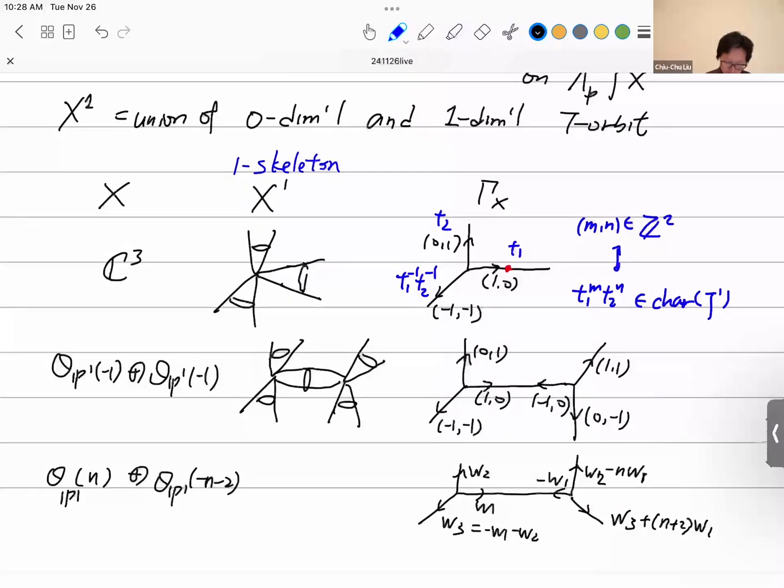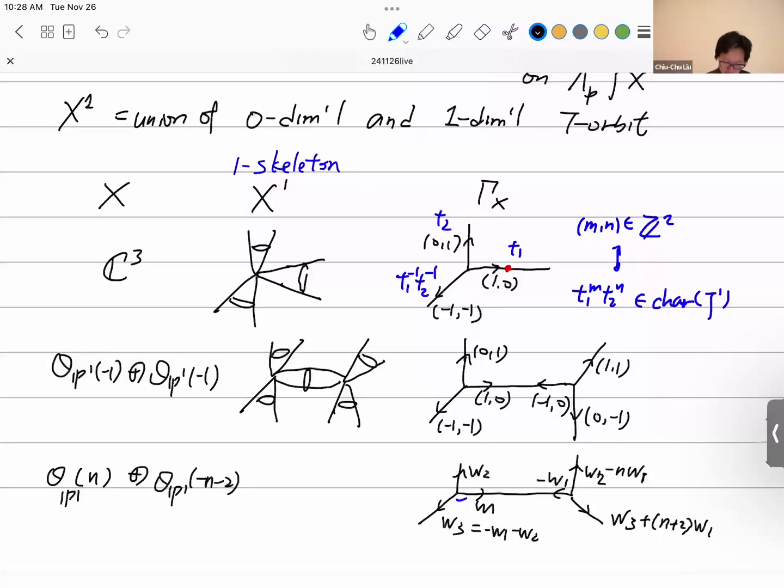In general, for this P1, there are two fixed points in this total space. At the first fixed point, let W1 be the tangent weight to the base P1, and W2 and W3 be the weights on the fiber.